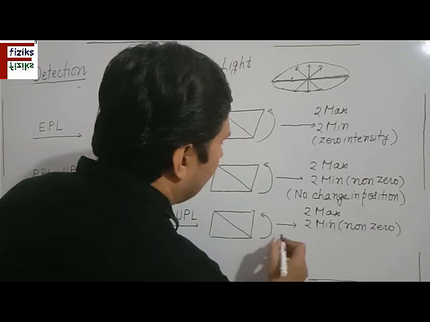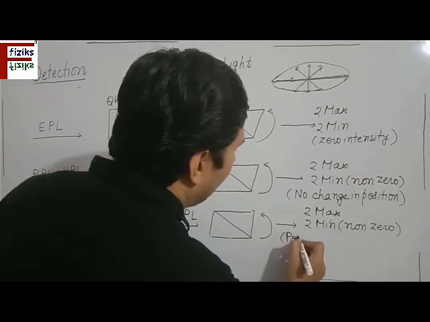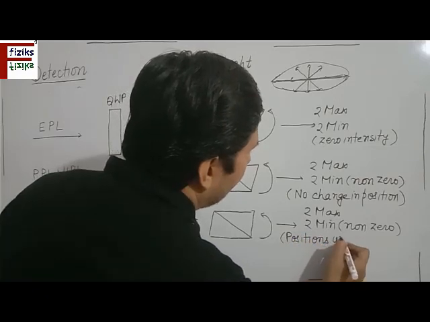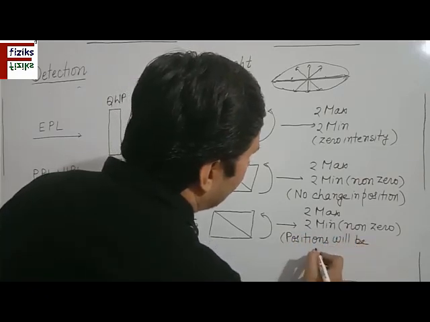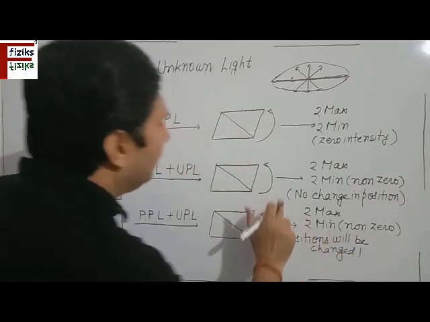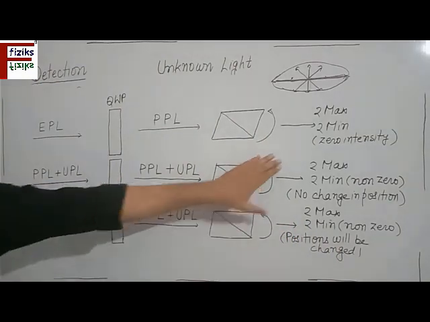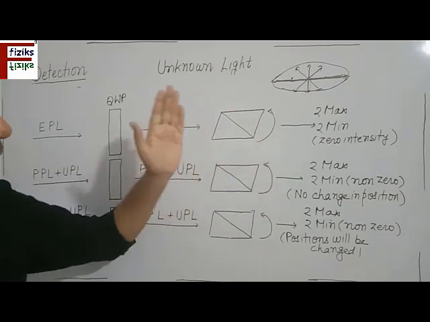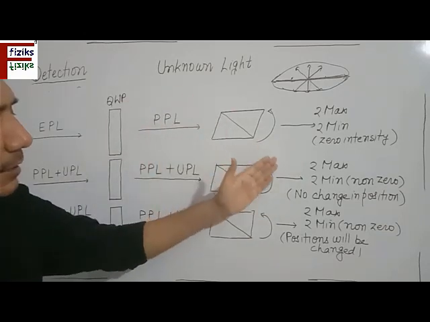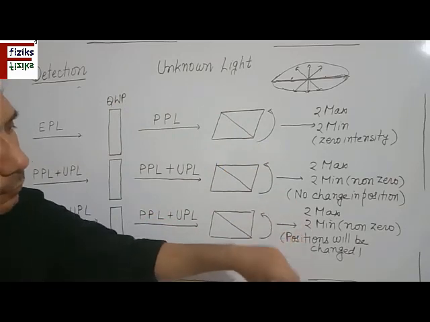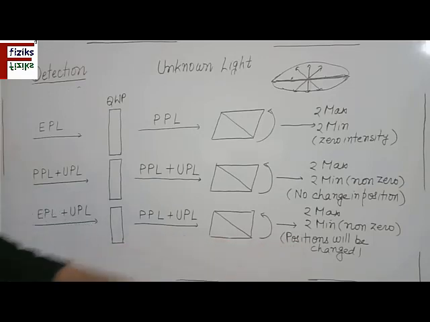But here the positions of maxima and minima will be changed. So what is the difference between this case and the previous case? In the previous case, the positions of maxima and minima remained the same as those obtained in the initial stage, but here we will get two maxima and two minima of non-zero intensity, with their positions changed.